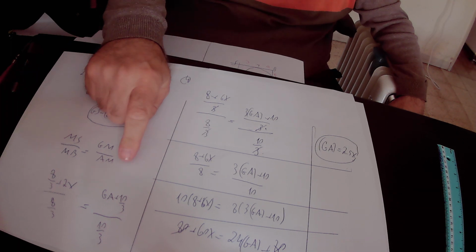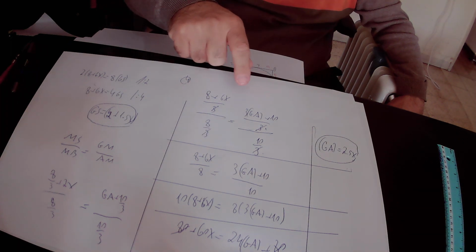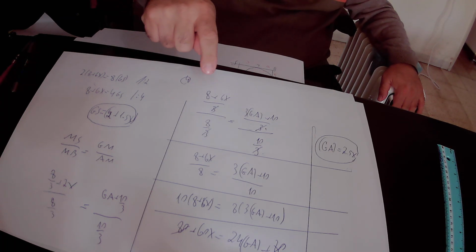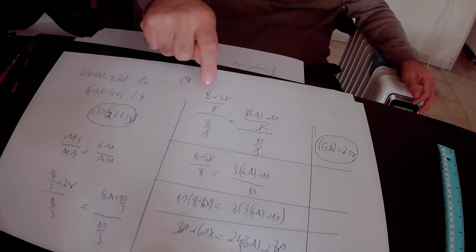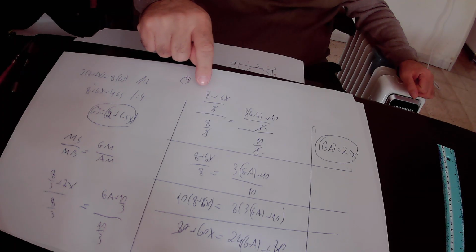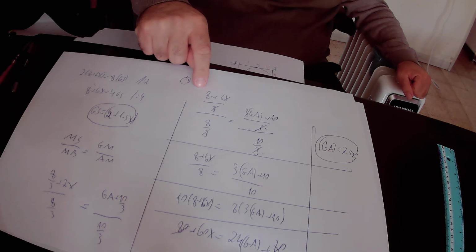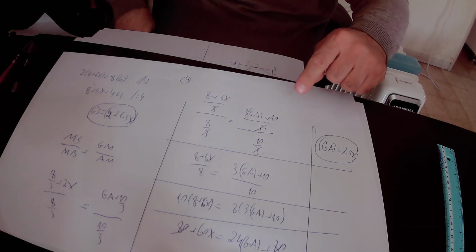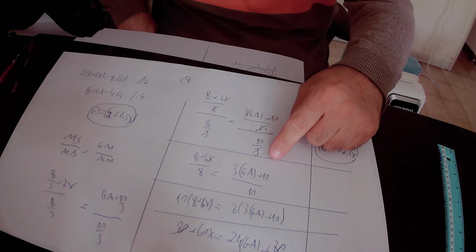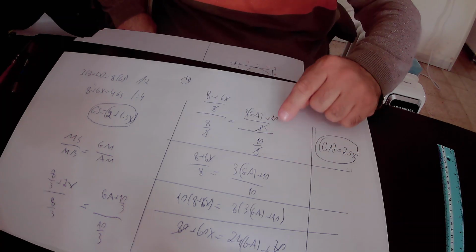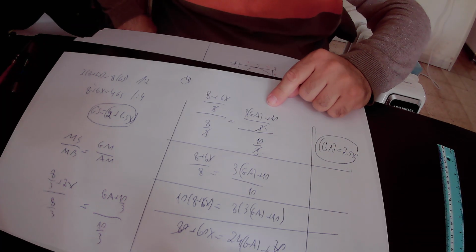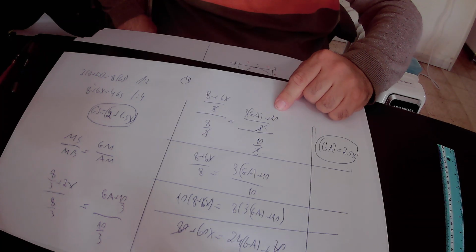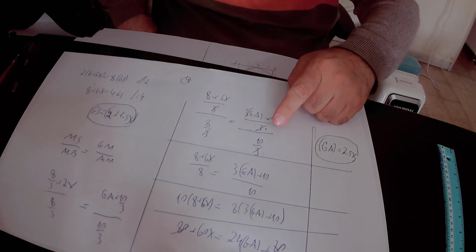Here multiply GA by 3, so it is 3GA plus 10 over 3, over 10 over 3. Here we have 3 in the numerator and 3 in the denominator, so 3 will get cancelled. So on this side of the equation we are left only with 8 plus 6x over 8. Here we have 3 in the numerator and 3 in the denominator, so 3 will get cancelled. So on this side of the equation we are left only with 3GA plus 10 over 10.